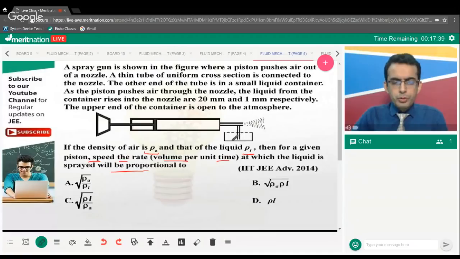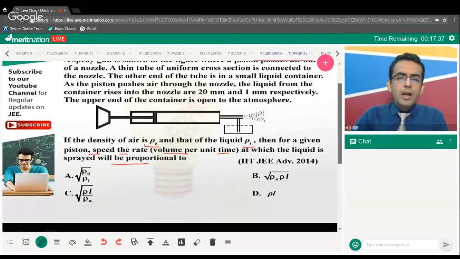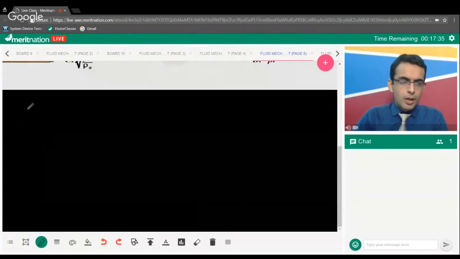Students, here we are going to apply Bernoulli's theorem. Bernoulli's theorem says that pressure P plus half rho V square plus rho GH is a constant value.